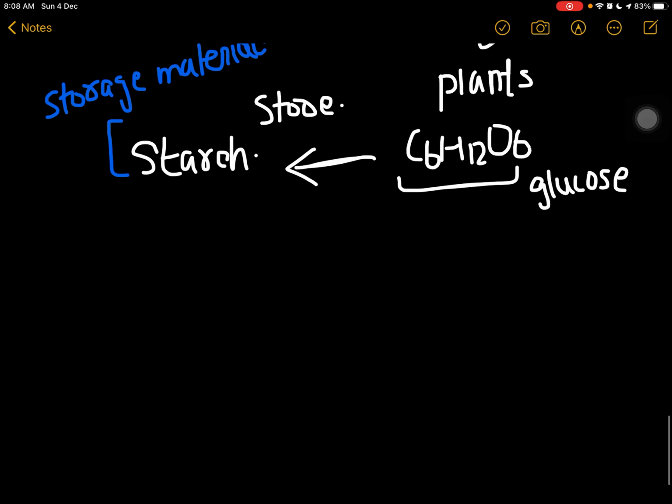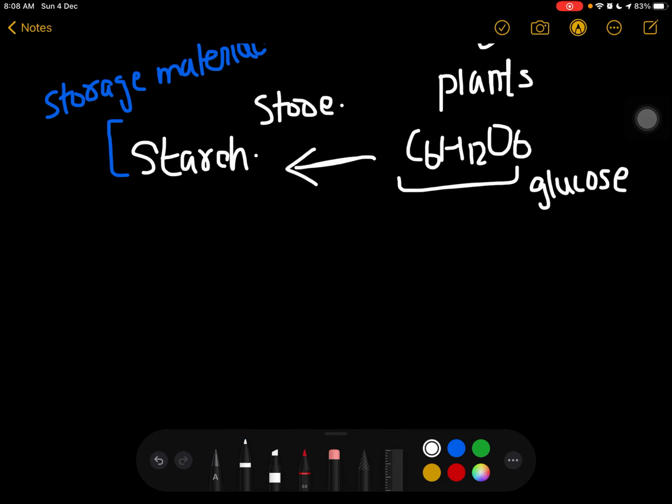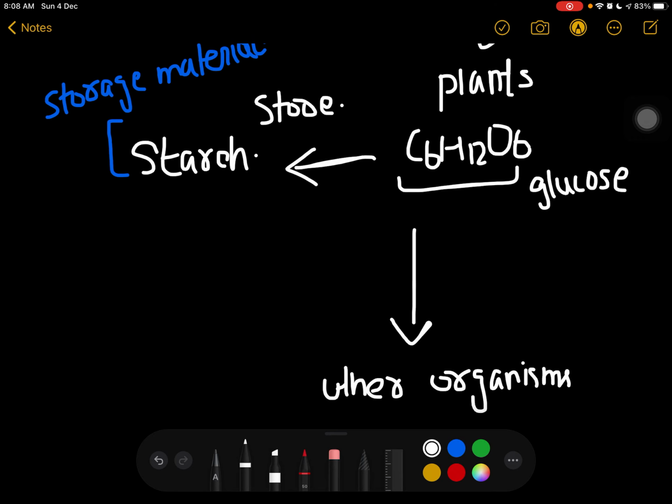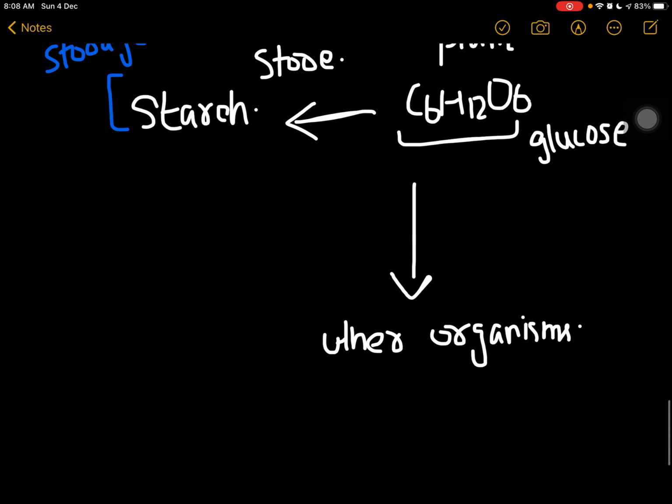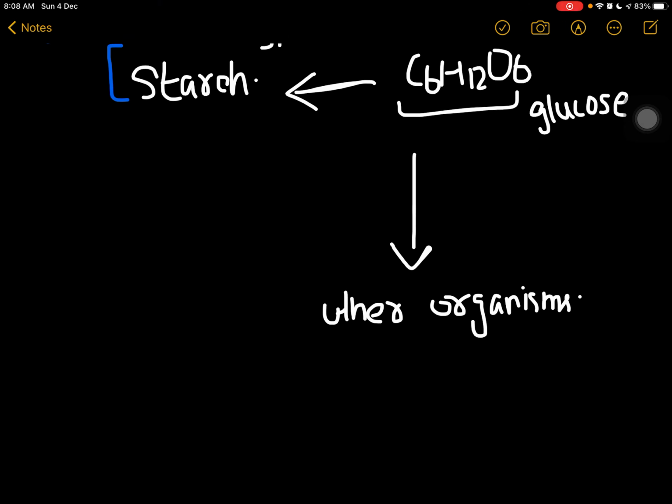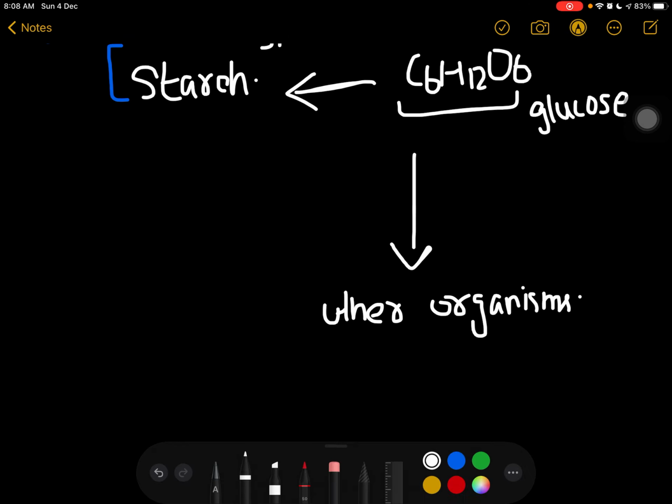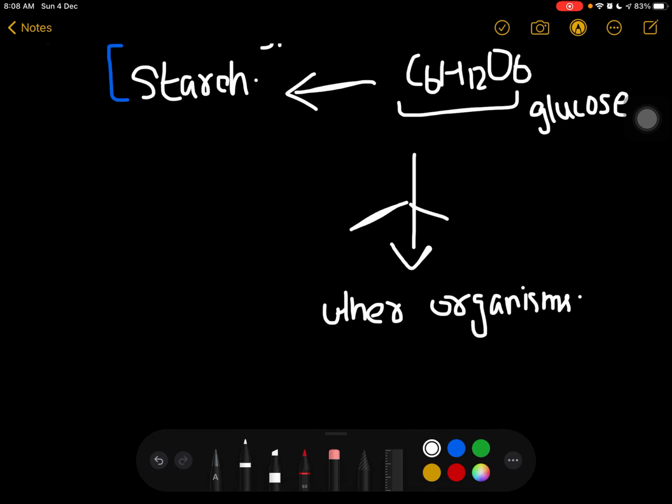Now what will happen when we living organisms will eat these plants, like other organisms? When we eat this glucose, by the process of respiration, this glucose will be broken down. What will happen? ATP will be formed and carbon dioxide will be formed, right?